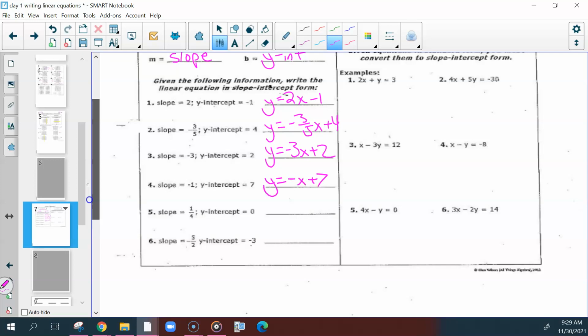Yes, -1x or -x plus 7. Number 5. 1/4 x, 1/4 x plus 0. Either of those is fine. And the last one. -5/2x minus 3 over. It is a negative. Some of these are kind of hard to see. Not negative.